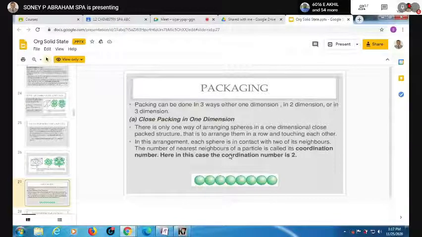How closely these atoms are arranged. We'll say that an arrangement is more effective when it leaves minimum empty spaces. It is not possible to occupy the entire available space, but if we have an arrangement where it occupies the maximum available space, then we say that arrangement will be more effective and more efficient.